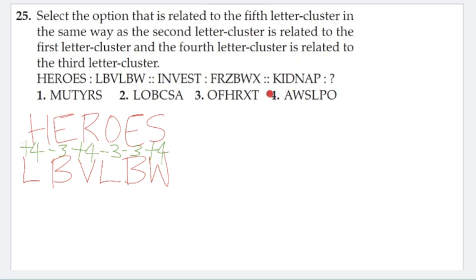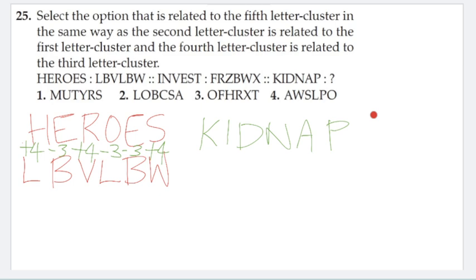In the same way, we can find out kidnap. So if we see kidnap, we have to use the same relation. That is plus 4, minus 3, plus 4, minus 3, minus 3, plus 4.